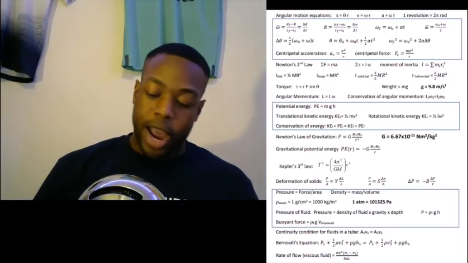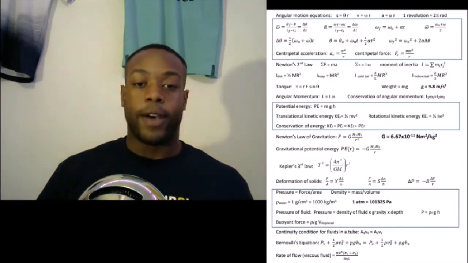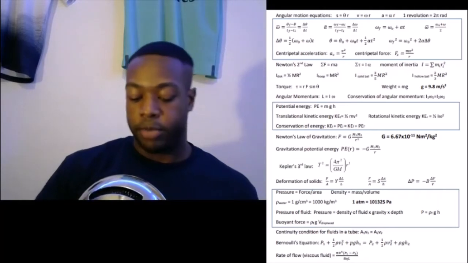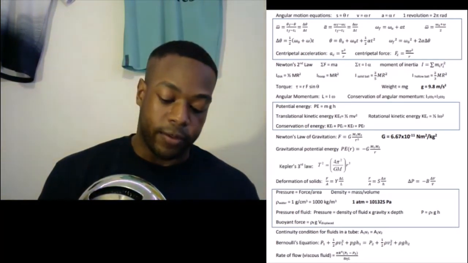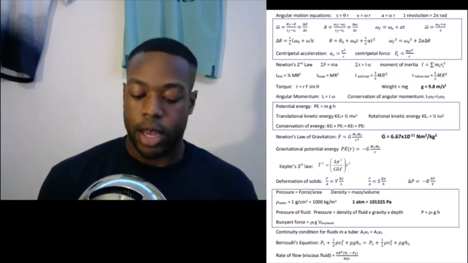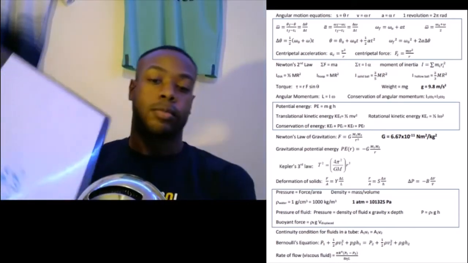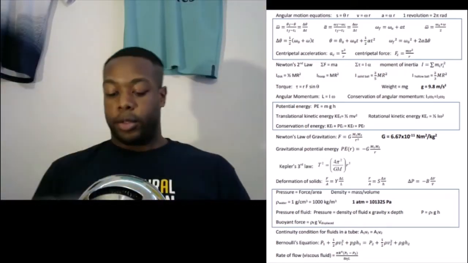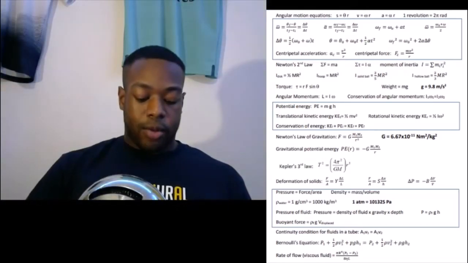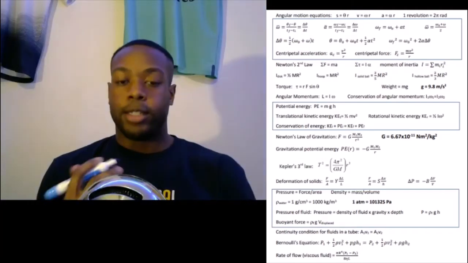To find our height, we're going to do 4.5 sine of 20. I'm going to erase the picture. But the height is going to be 4.5 sine 20. We know that. And we're going to do conservation of energy, right?